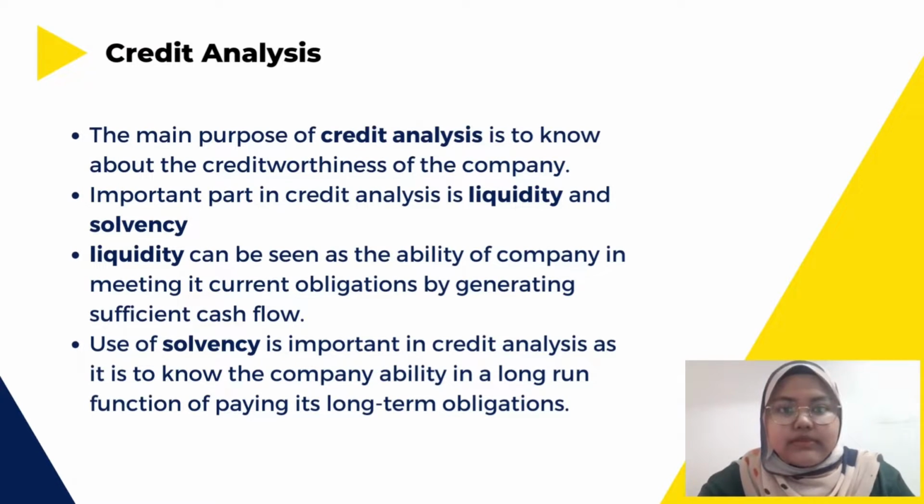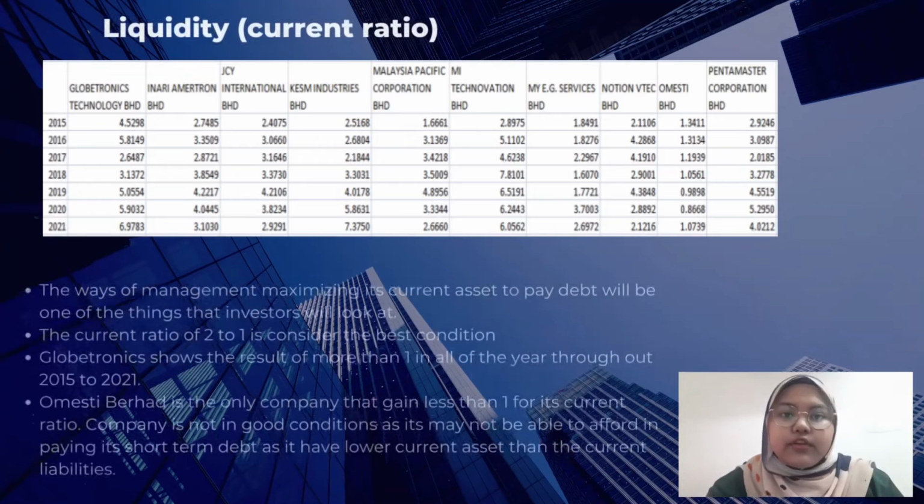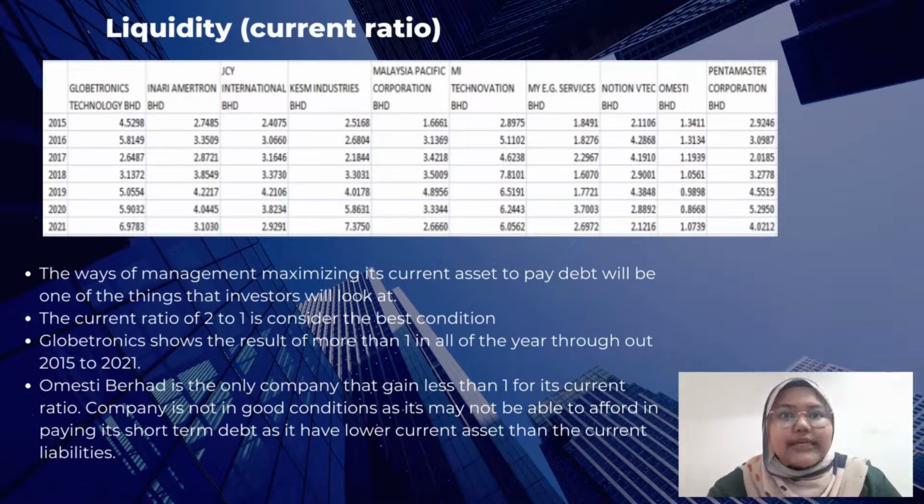The ratios used in this credit analysis are the current ratio, cash ratio, quick ratio, debt to asset ratio, debt to equity ratio, and interest coverage ratio. The first one is the current ratio. It is a liquidity ratio which measures the ability of borrowers to pay back debt at short-term notice.